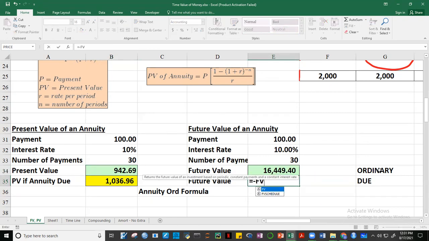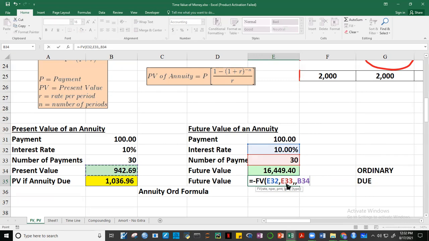So negative FV, we're going to get the future value based on 942. Okay? Because if this 942 is equivalent to the 100 for 30 years, then I should be getting the same future value. Okay? So the rate is 10%, comma, number of periods is also 30, comma, no PMT, we're not using the PMT. What we use is the present value of 942.69. Okay? Present value.